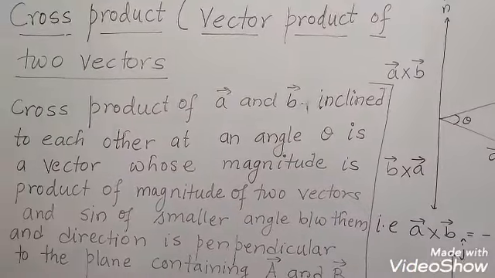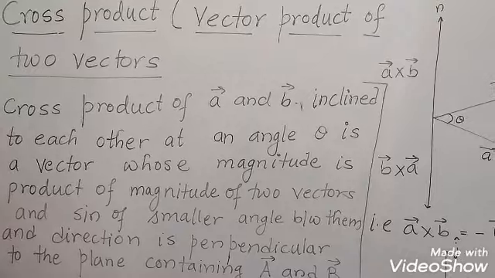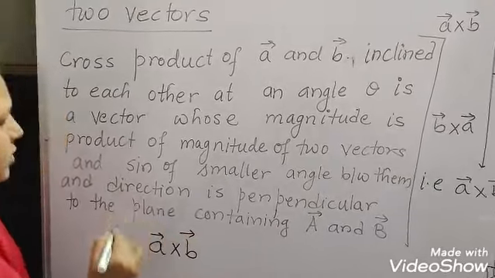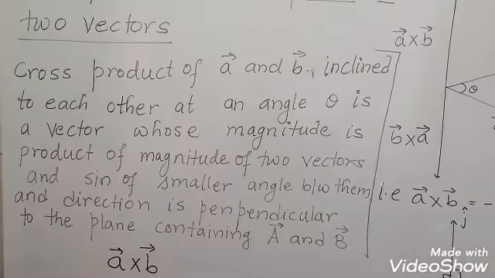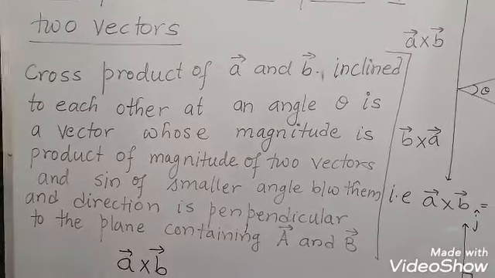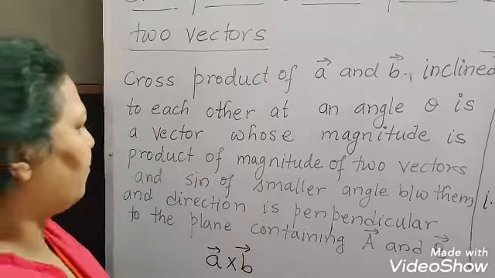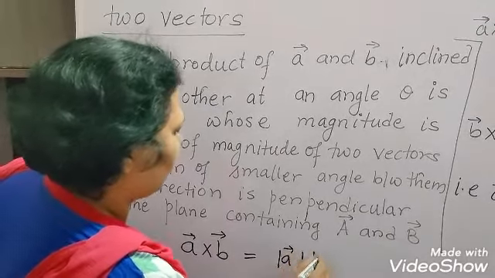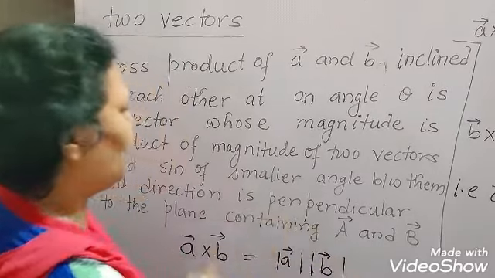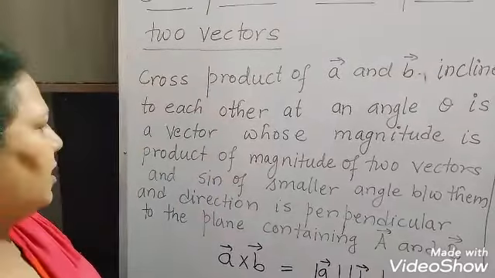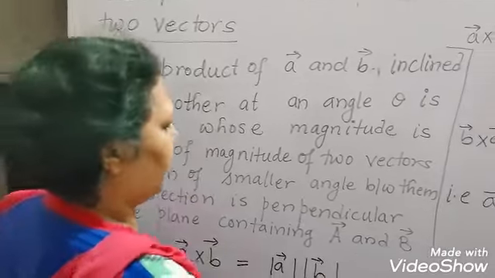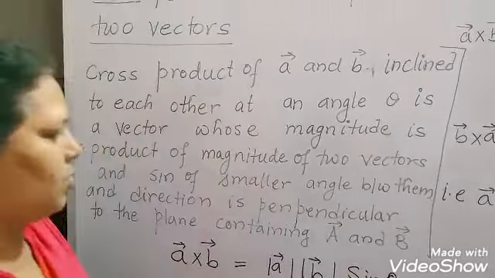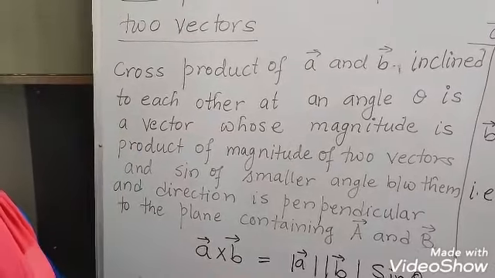A cross B is a vector whose magnitude is the product of the magnitudes of the two vectors and the sine of the smaller angle, sine theta here. Okay, sine of the smaller angle.